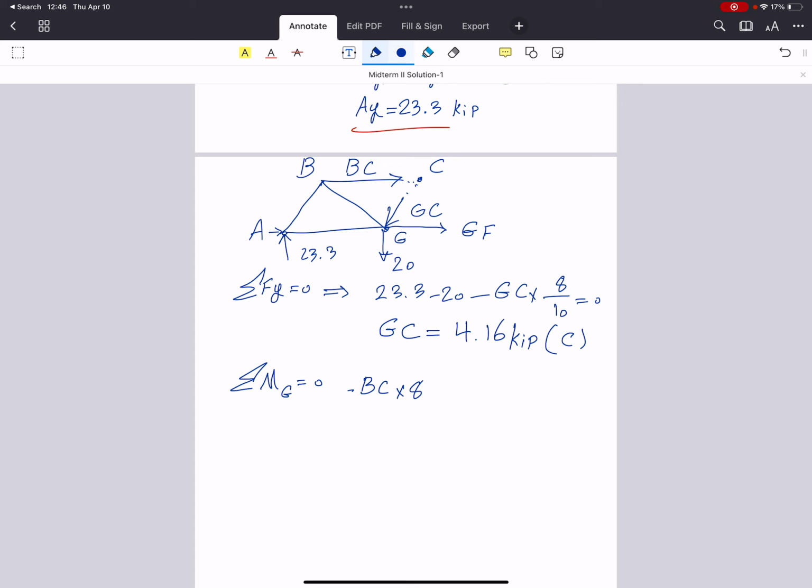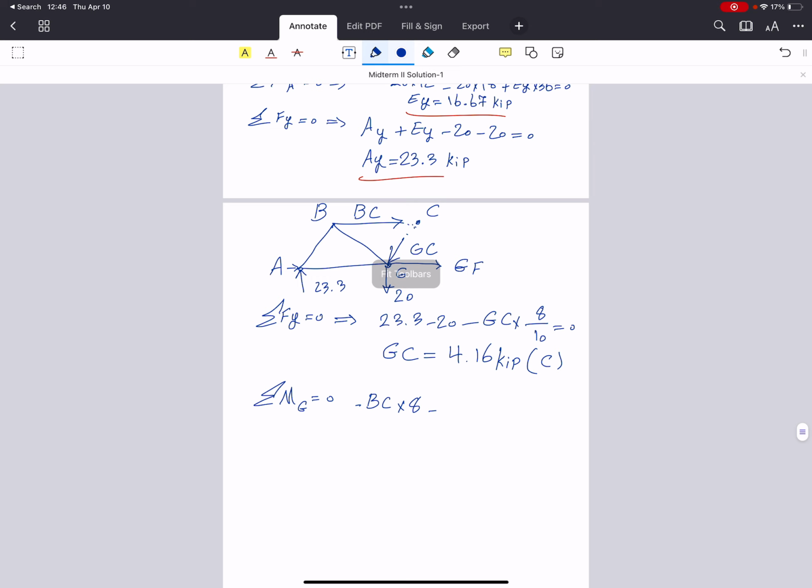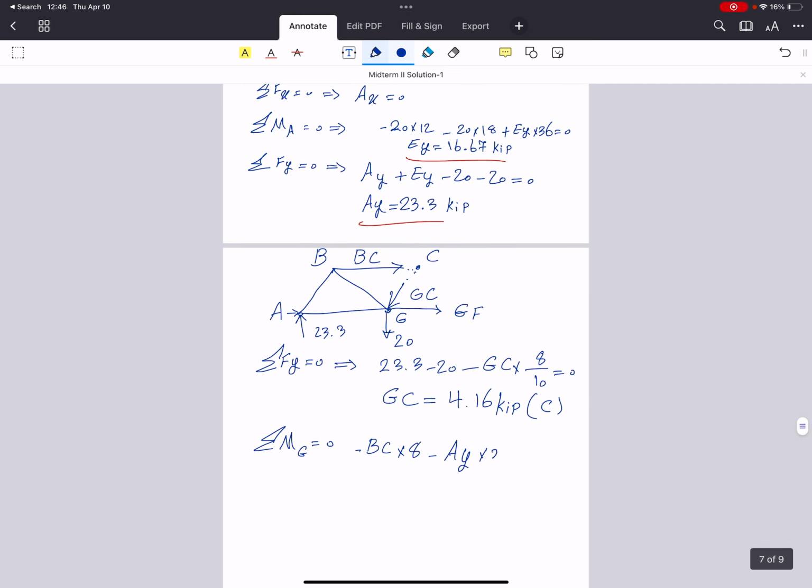Then I have AY times distance. The distance here is 12.